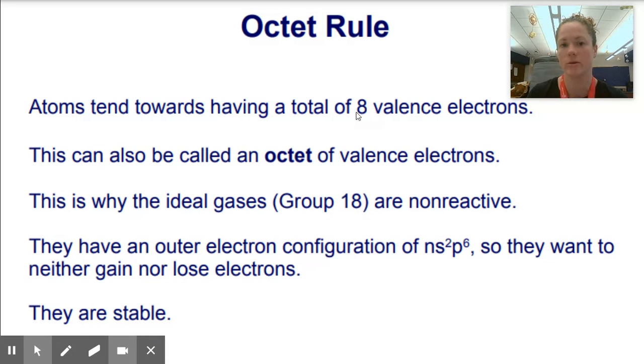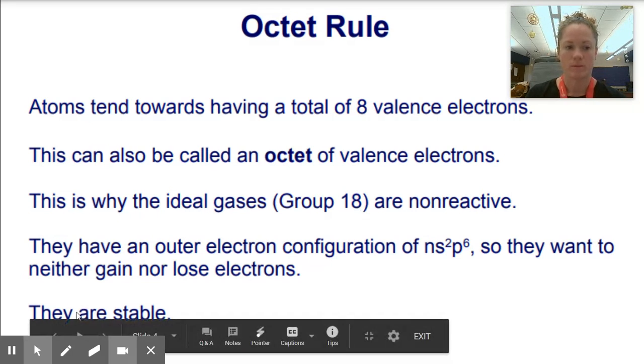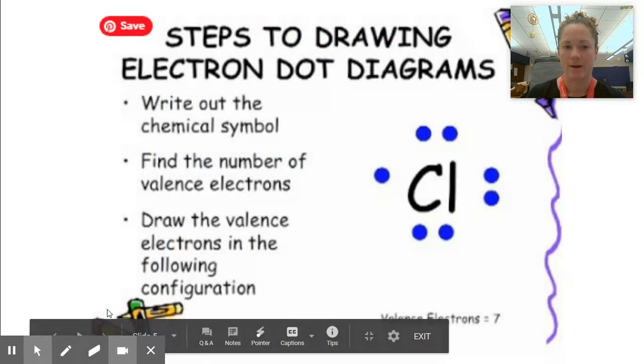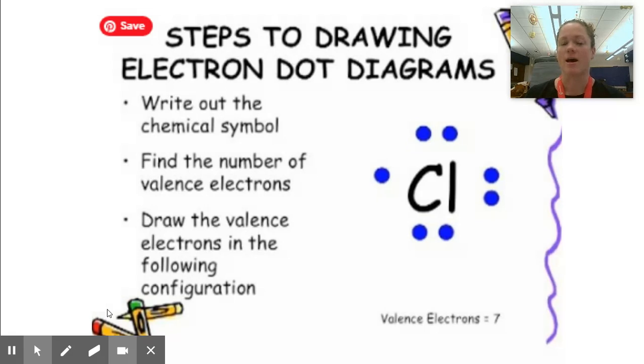So going with this rule, that's why those noble gases don't want to bond. They have those 8 valence electrons that make them happy. So they are stable, like we've said.